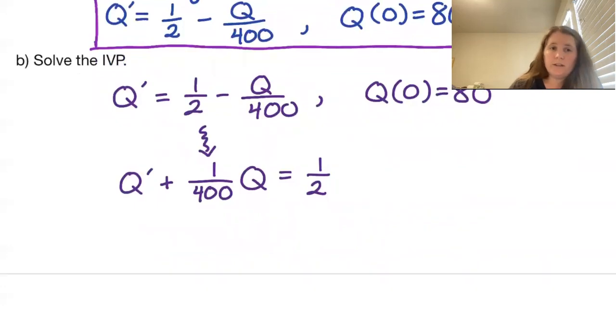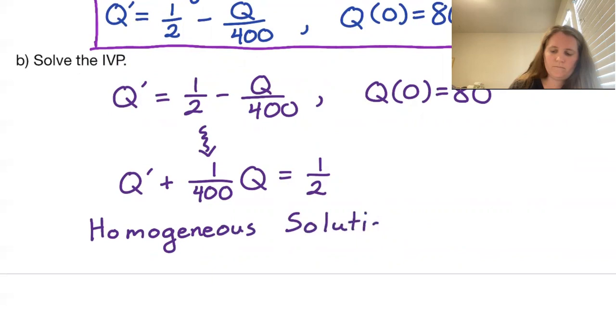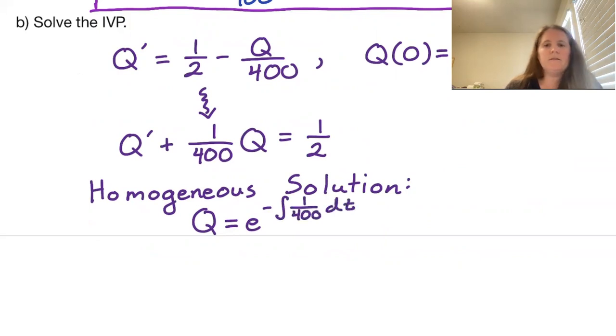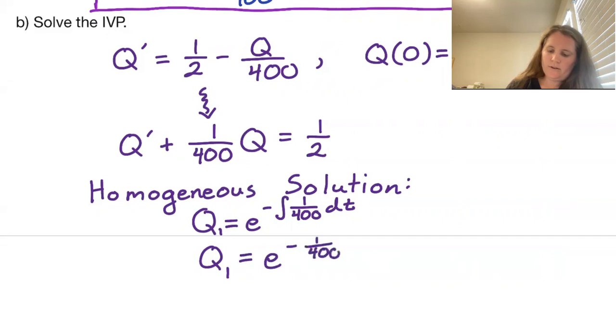We find the homogeneous solution. We have Q1 is equal to e to the negative integral of 1/400 dt, or Q1 is equal to e to the negative 1/400 t.